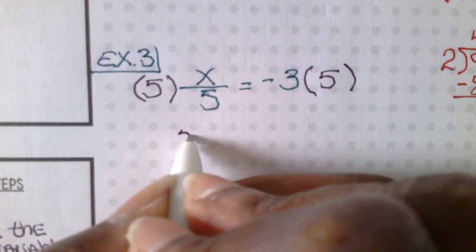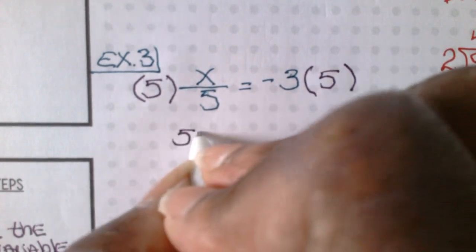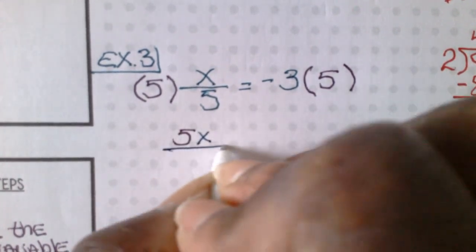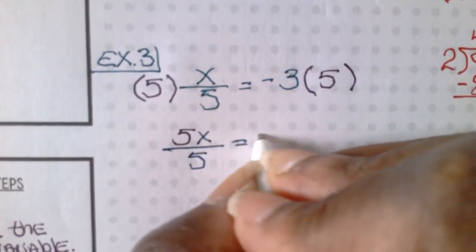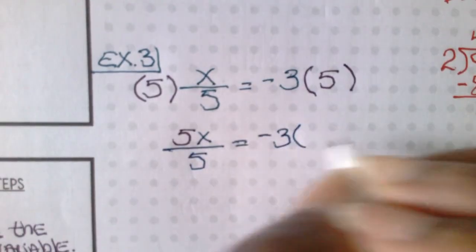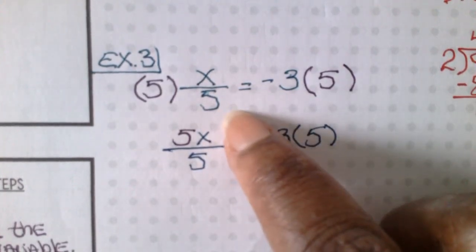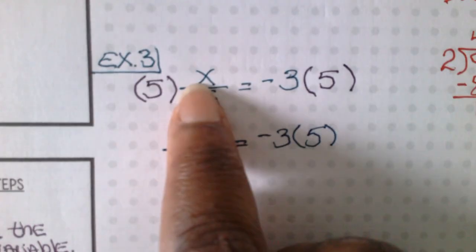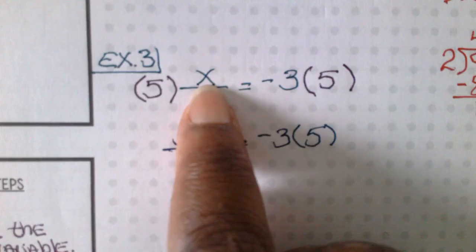You're actually going to have that 5, and it's going to be an x over 5 is going to equal our negative 3 times 5. This left-hand side is basically saying you're doing 5x. They're multiplying the 5 with that numerator.